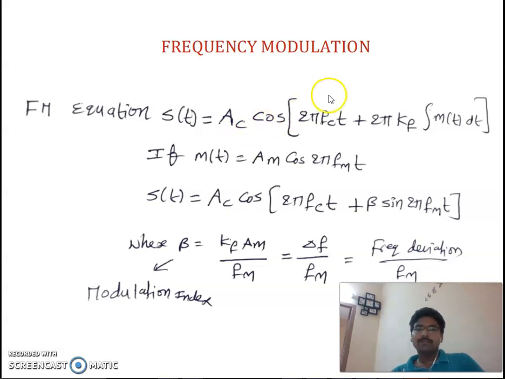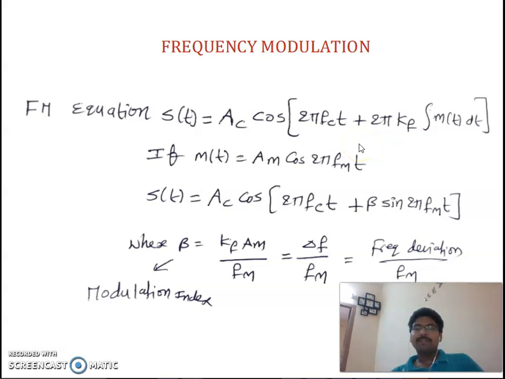So Ac cos of something. How have I written this something here? Observe, A cos theta is the form. This theta is nothing but omega t, so theta is equal to omega t. Omega is equal to 2 pi f t actually.